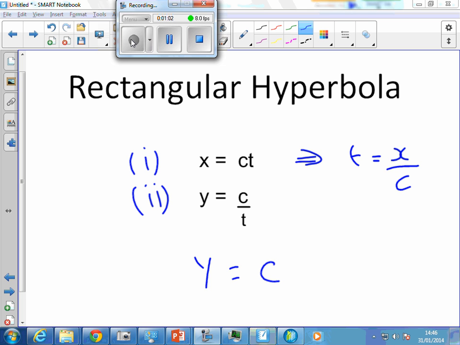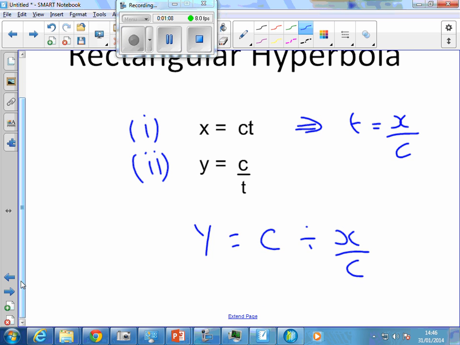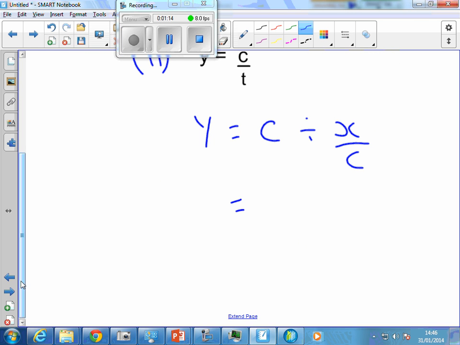So c divided by x over c, if you like, just so that I don't have to put a fraction over a fraction, because that line means I divide. And therefore y is equal to c squared over x. And so I have my Cartesian equation as xy is equal to c squared.